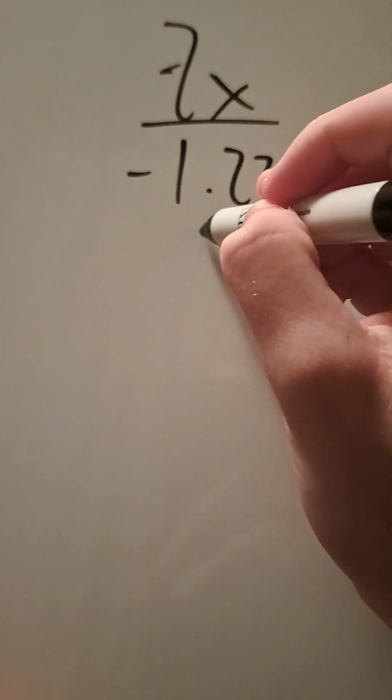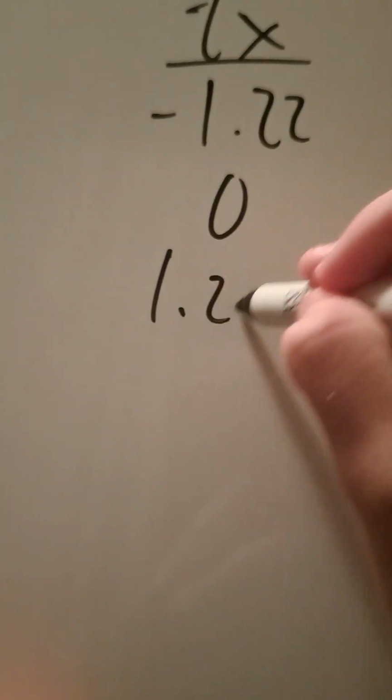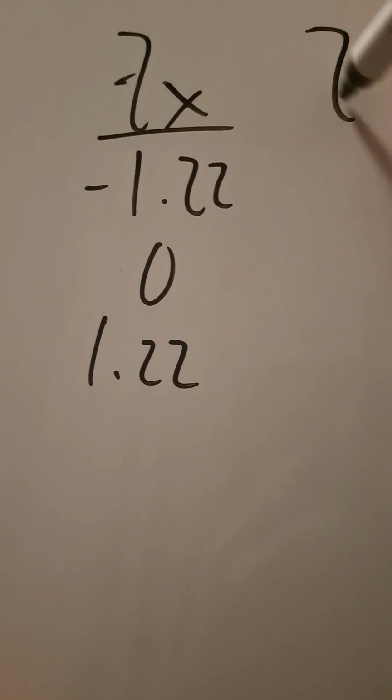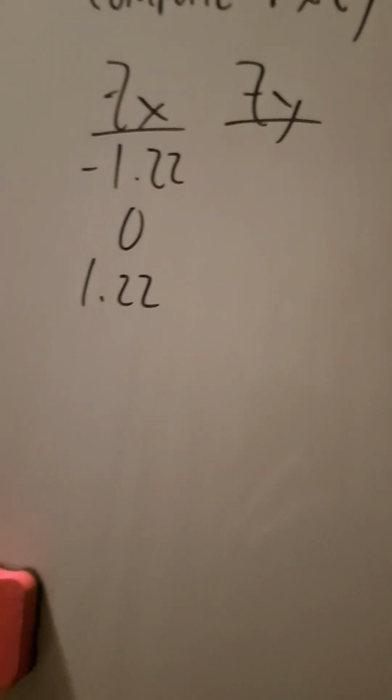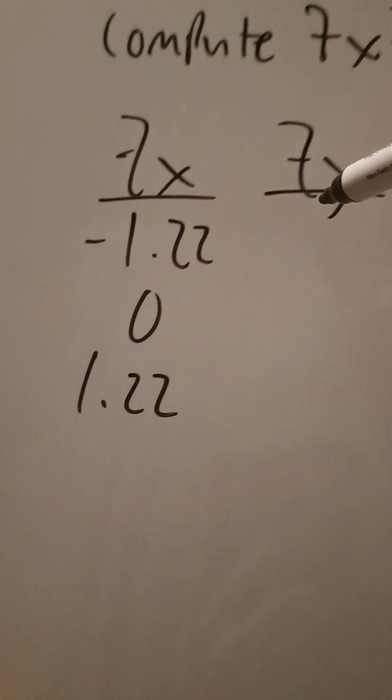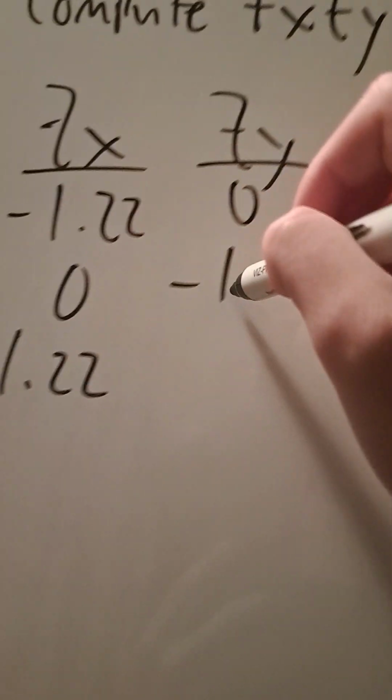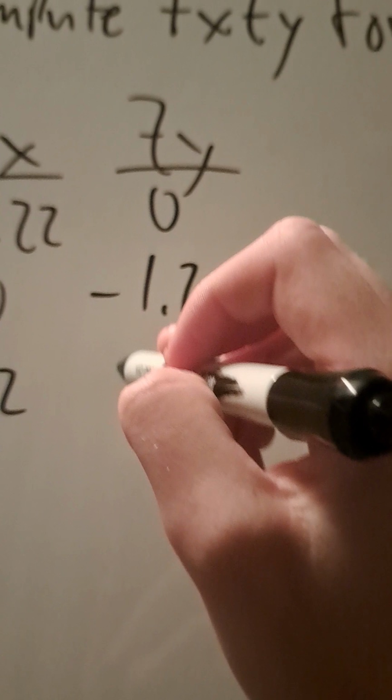And this is what that's going to look like. Let's make a table here. Let's put our z of x's in this column: negative 1.22, 0, 1.22. And let's put our z of y's in this column: 0, negative 1.22 and 1.22.